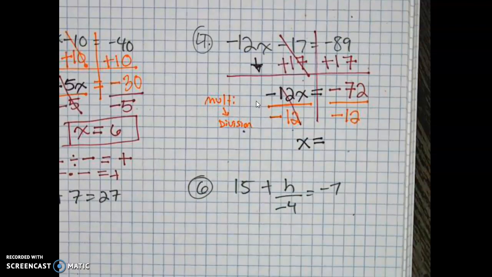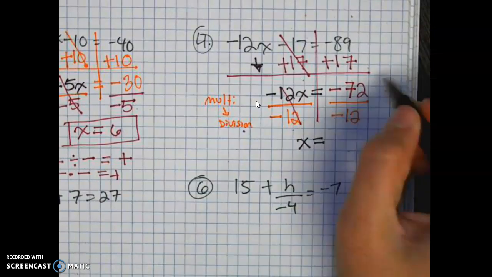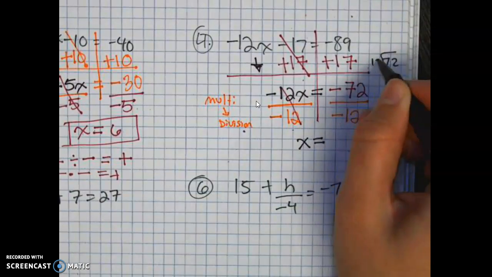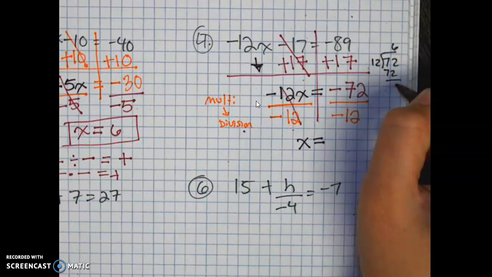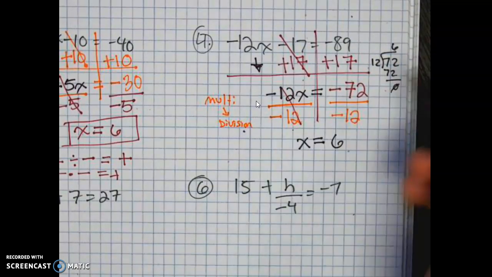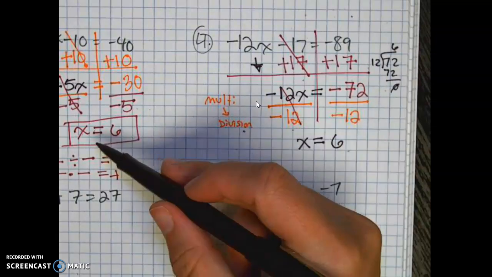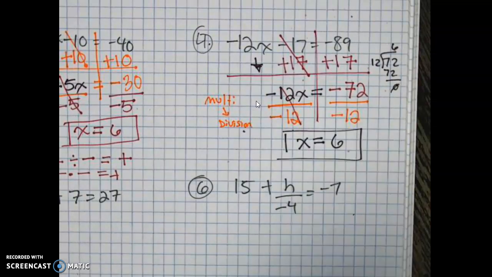What is 72 divided by 12? Without using a calculator, I know that 12 can go into 72 6 times. So my answer, negative divided by negative is a positive, as stated over here. It's going to be plus 6.